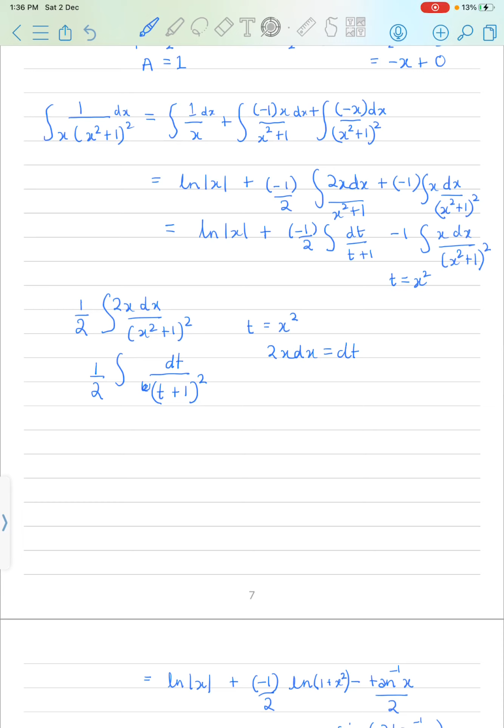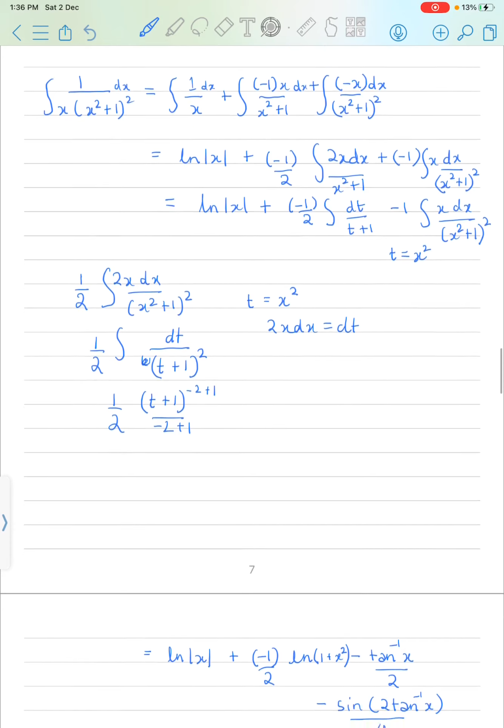Then if you integrate this, you will get t plus 1 to the power minus 2 plus 1, over minus 2 plus 1, times half.